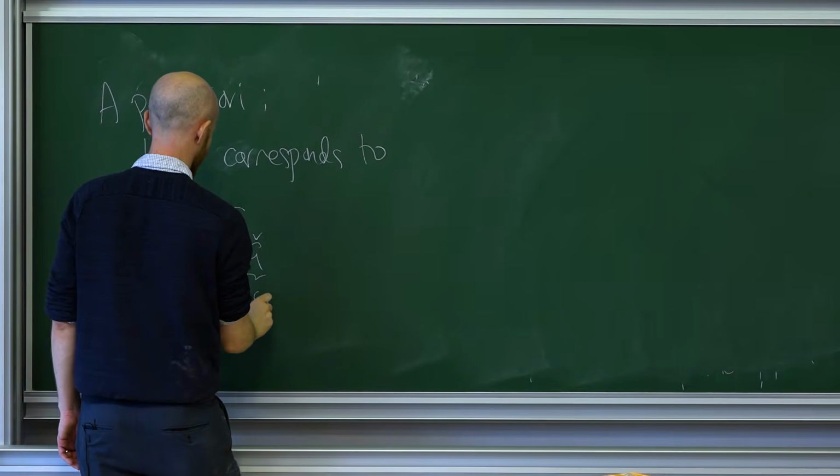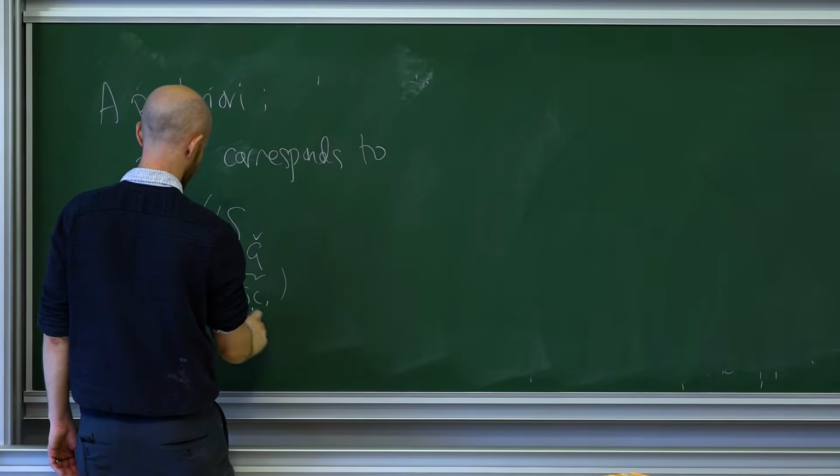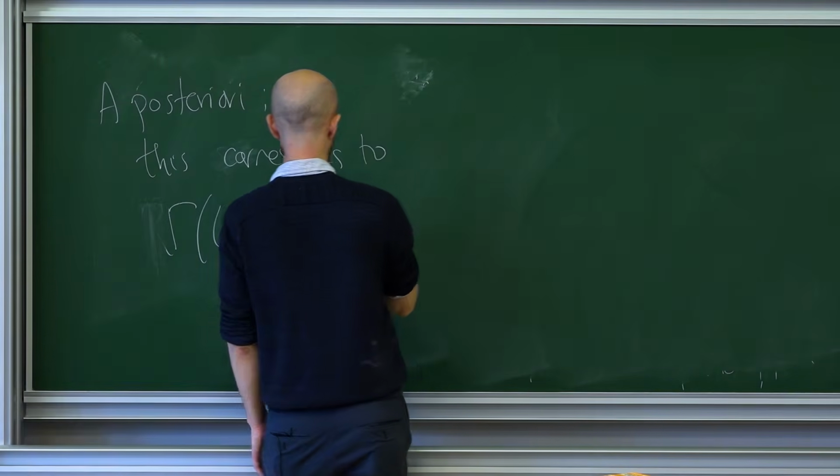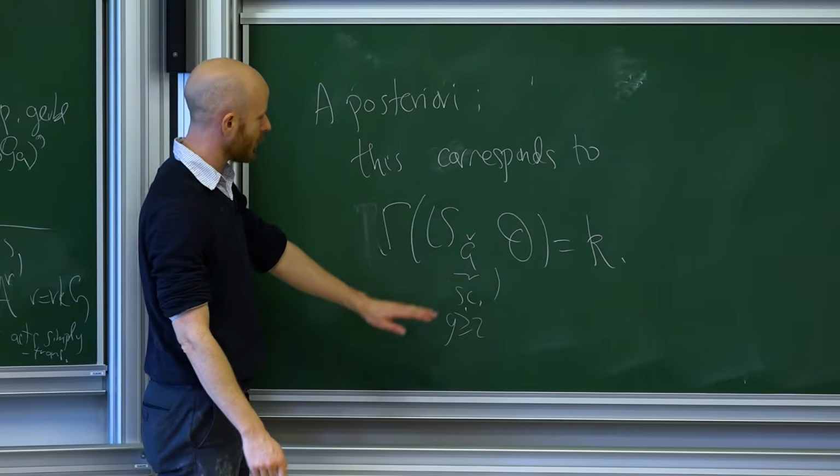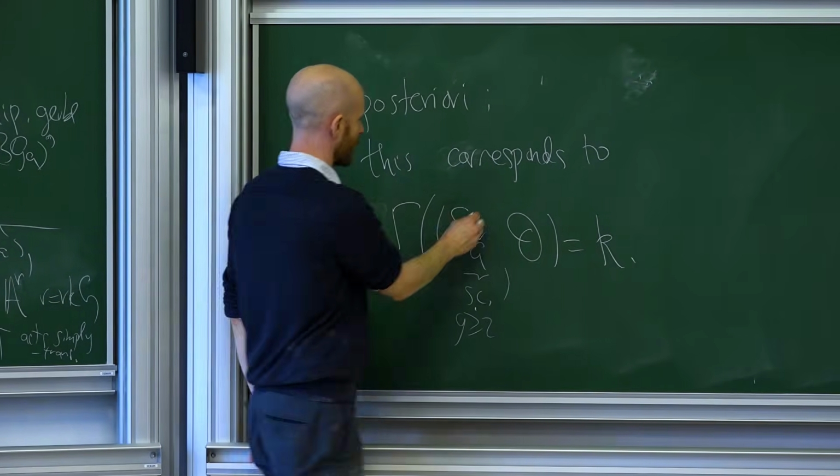So this is some simply connected group, and the genus is still at least 2. Coefficients in O is just scalars. I'm saying that there are no non-constant functions on the moduli space of de Rham local systems.